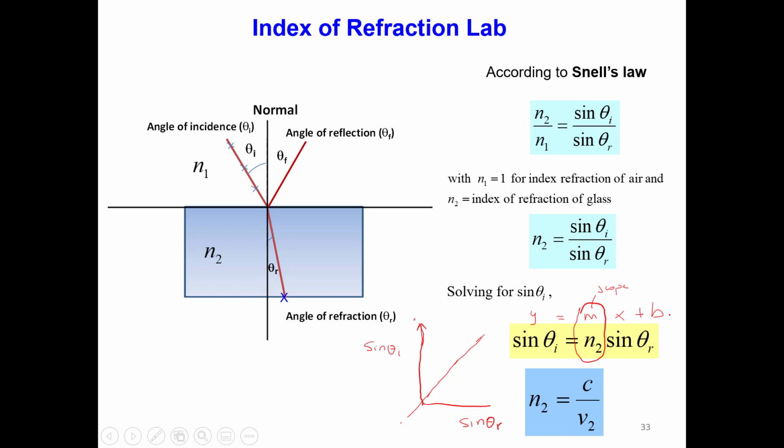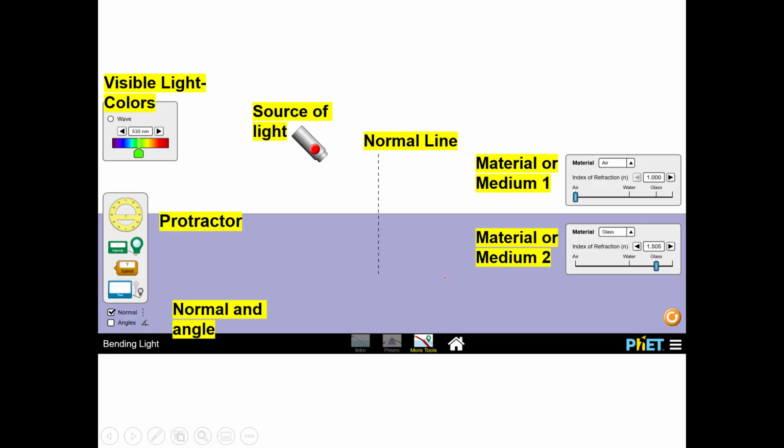Using this equation, you will solve for the speed of light in that material. You know the slope, and you know the speed of light in vacuum, so you can calculate the speed of light in the material we use in our experiment.